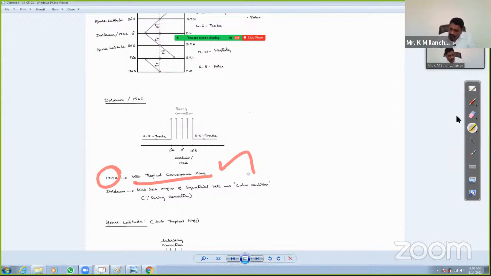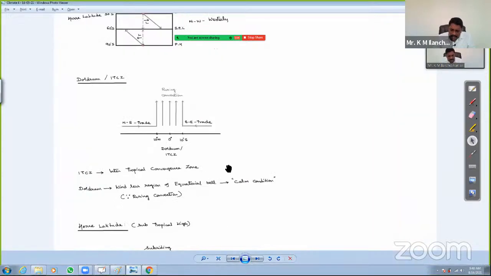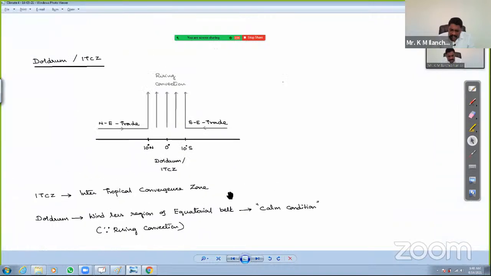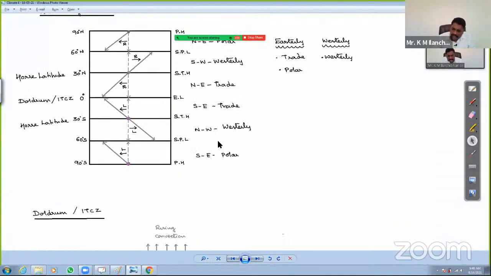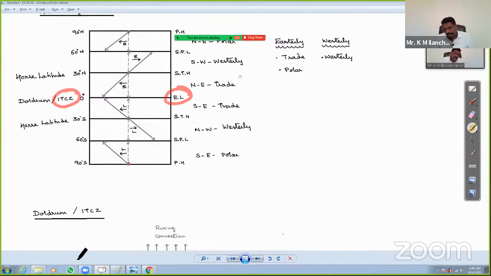I'm just giving you a rough idea about this, my friend. What is this ITCZ? Equatorial low. Another name for equatorial low is ITCZ. Correct.